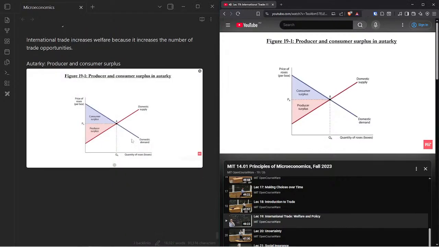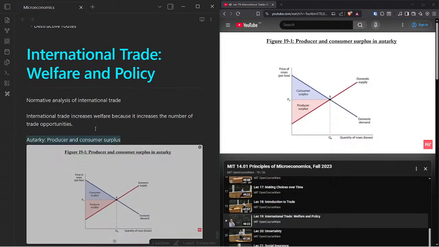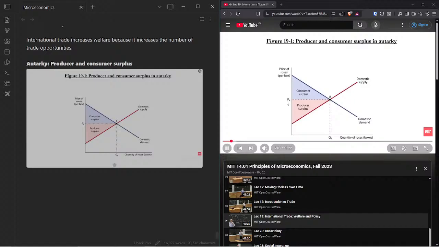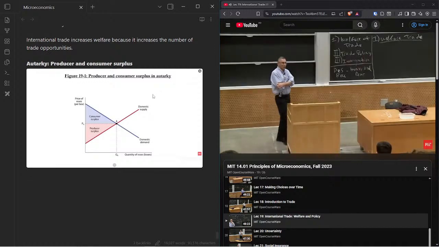Consumer surplus. Well, before trade, you have a domestic demand for roses, a domestic supply for roses. You get an equilibrium price, PA, and an equilibrium quantity, QA, and you end up with a consumer and producer surplus of the type we derived a few lectures ago in a standard market.